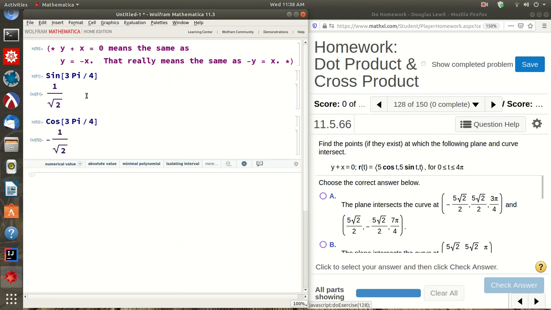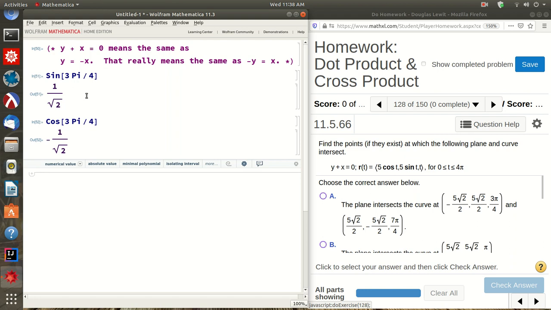So the sine of 3 pi over 4 is 1 over the square root of 2, and the cosine of 3 pi over 4 is the same value except the opposite. It's negative 1 over the square root of 2.